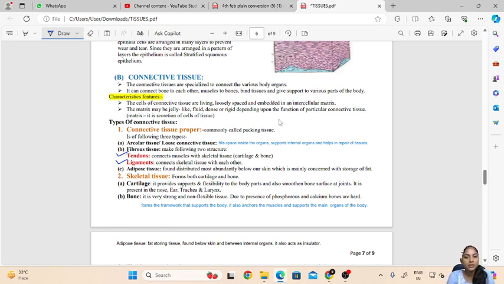Then ligaments will connect skeletal tissues with each other. That is, it will connect bone to bone and the tendons will connect bone to muscle.